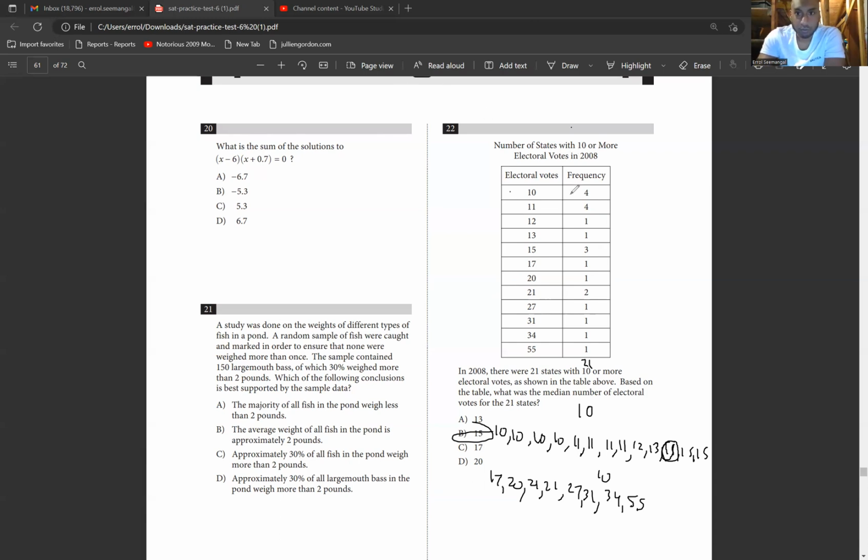Would it make sense if we went 10 by 4 plus 11 by 4 all the way down to 55 by 1? No, probably not.